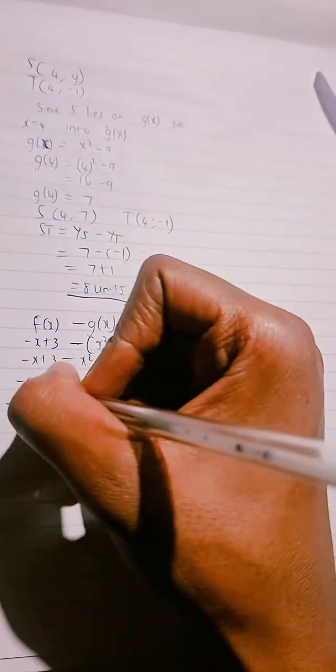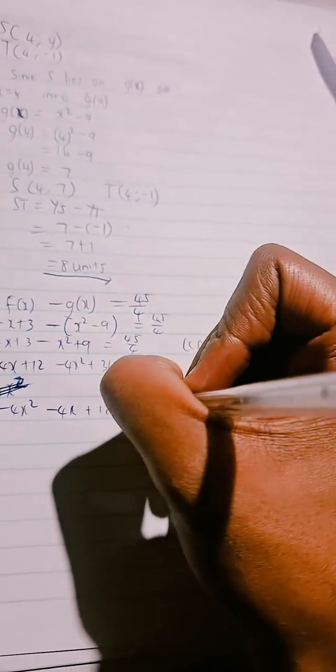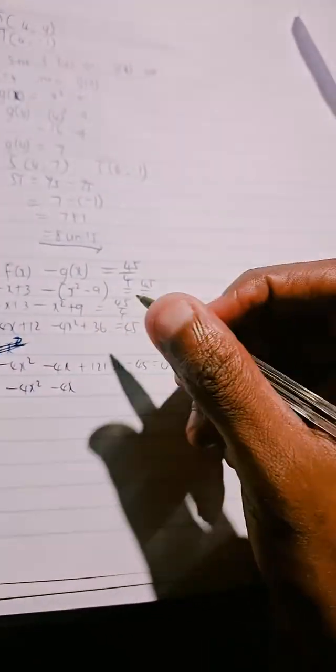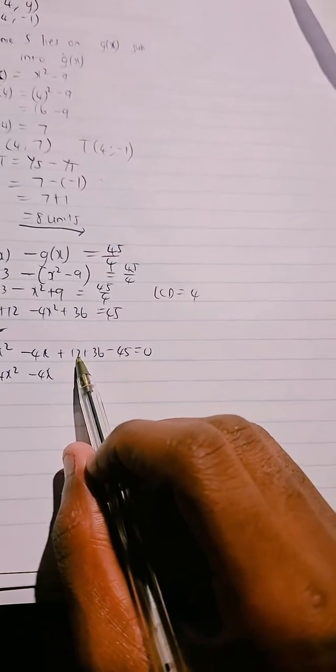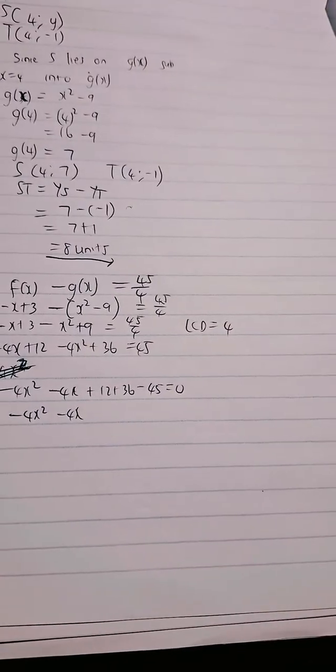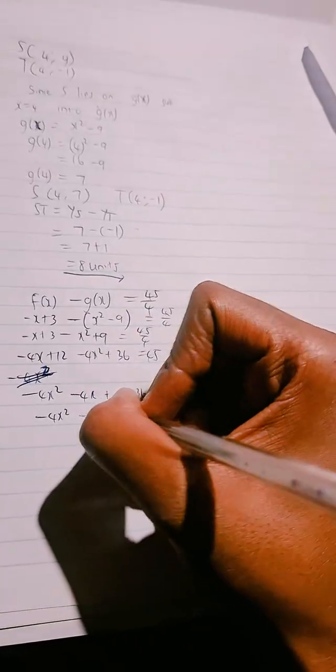Negative 4x squared minus 4x plus 12 plus 36 minus 45 is equal to 0. 48 minus 45.